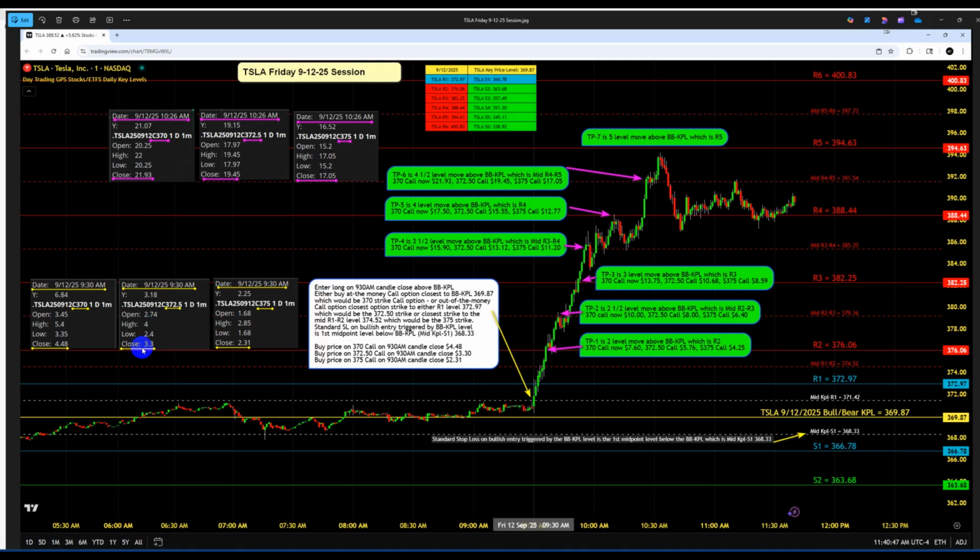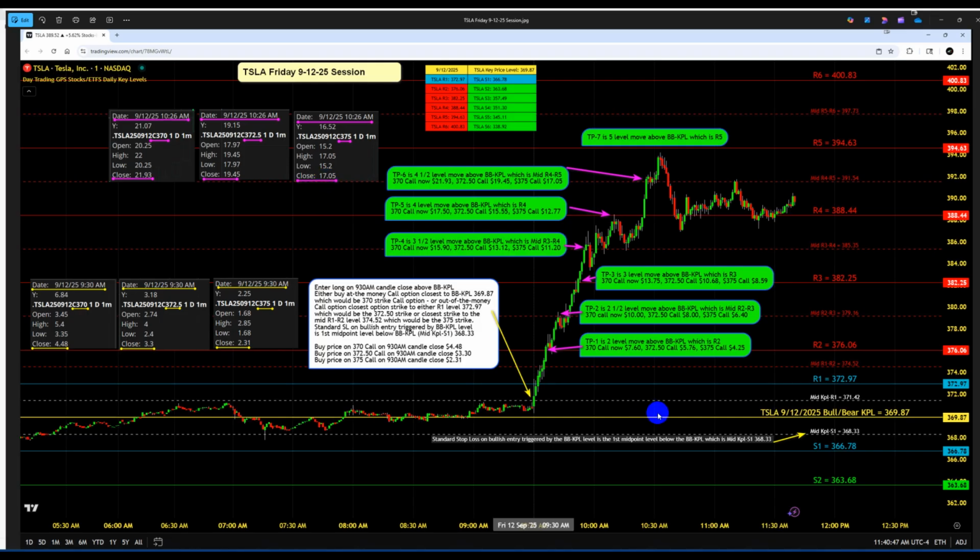On the 372.50, you have 330 here and 1945 here. So that's almost 6 times from the 330. And finally on the 375 call at 231 entry, we have up at TP6 1705.